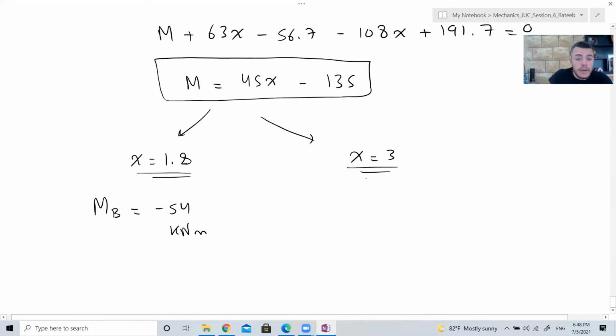And if you do x equals 3, it gives you 0.